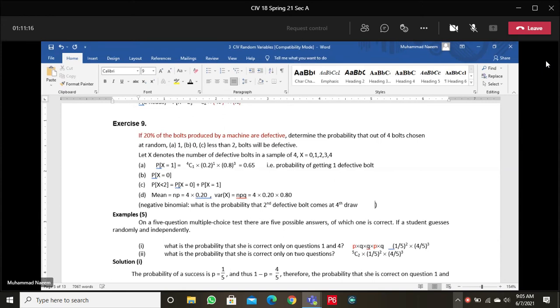This means this is the situation we have. We have first outcome, second outcome, third outcome, but the fourth is our defective.